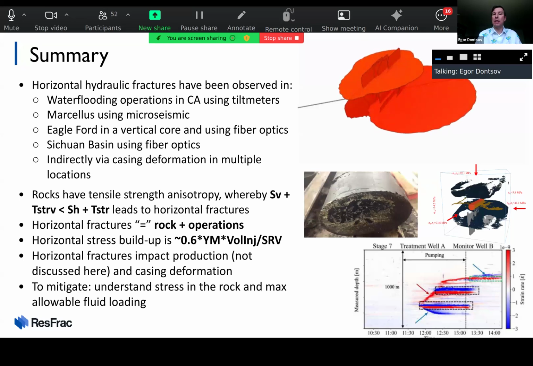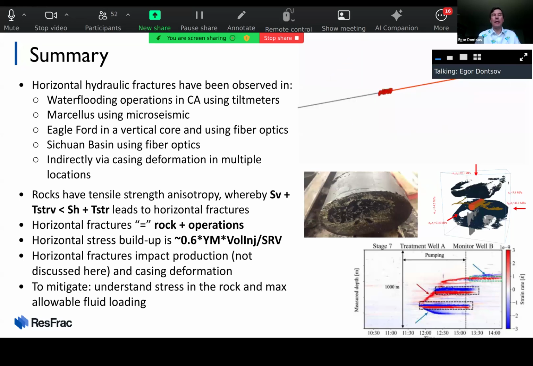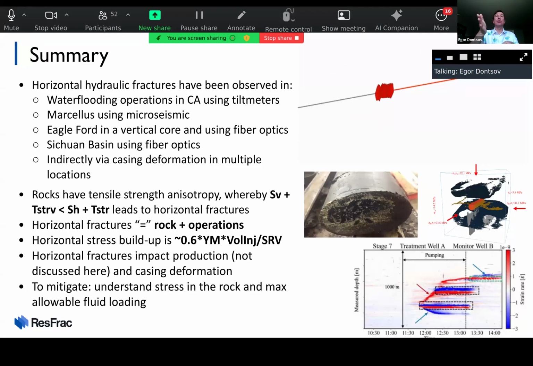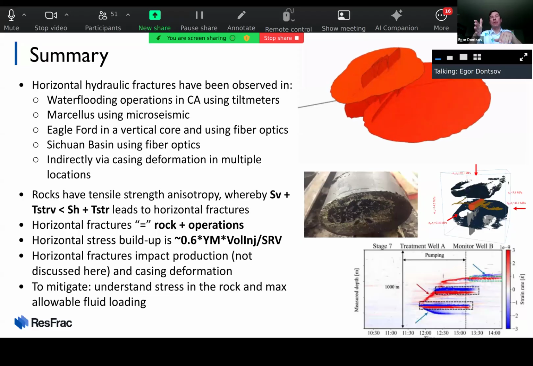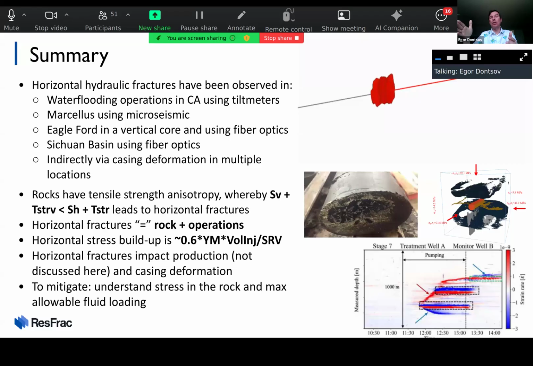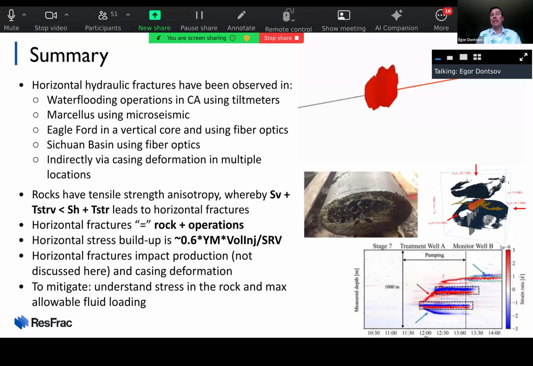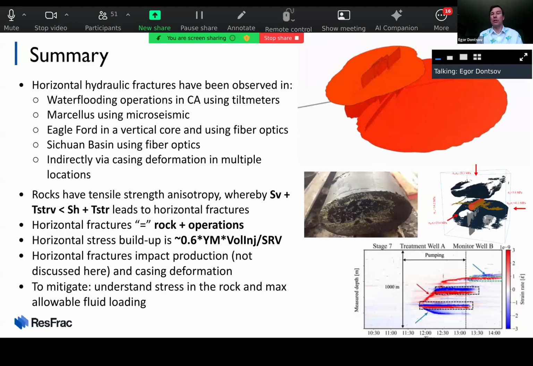He did a lab experiment in gelatin, where it was mostly isotropic to begin with, and your first fracture would be vertical, and then because it creates a shadow, your second neighboring fracture would be horizontal. So essentially, you can see how this flipping of the state of stress affects fracture geometry. So there are some lab experiments, but I wish we could have more, as usual.